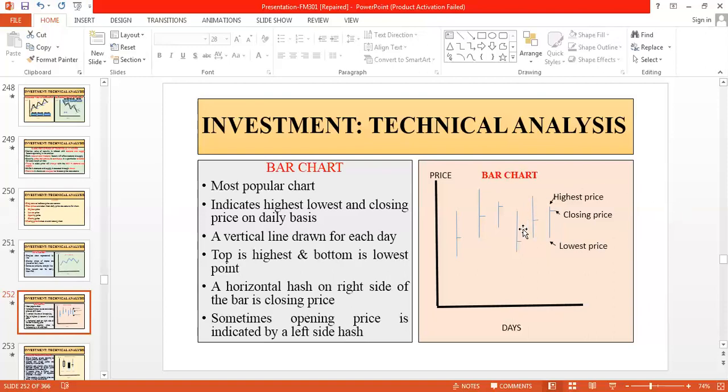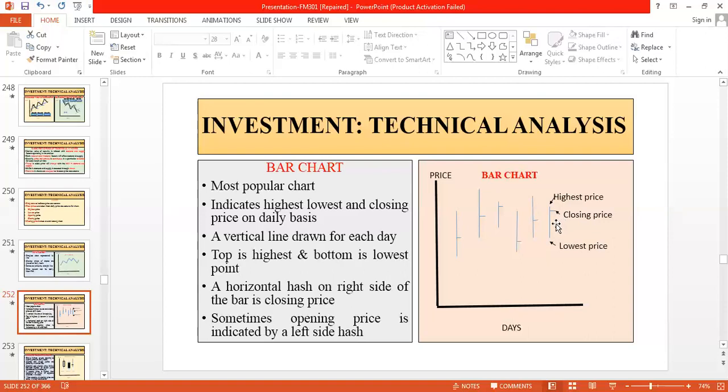So, in this bar chart, although we have given three indications, in the same chart you can also consider the opening price. In that case, you have to draw this type of horizontal line on the left hand side.